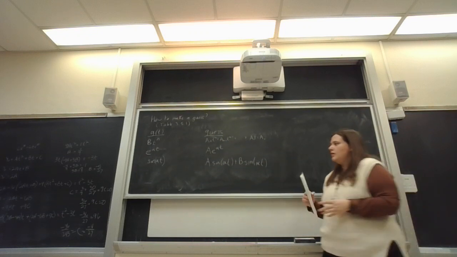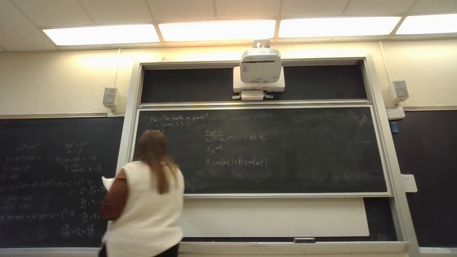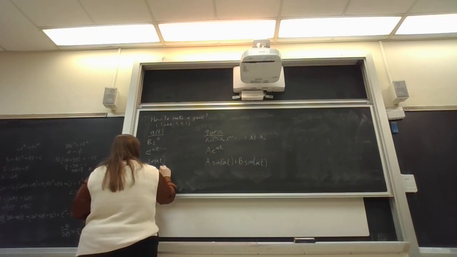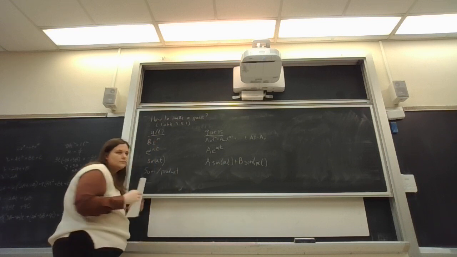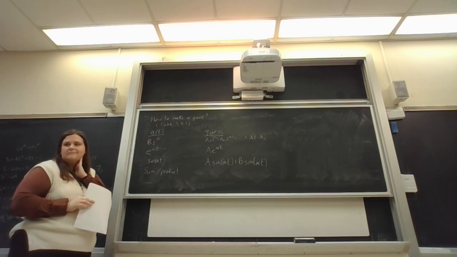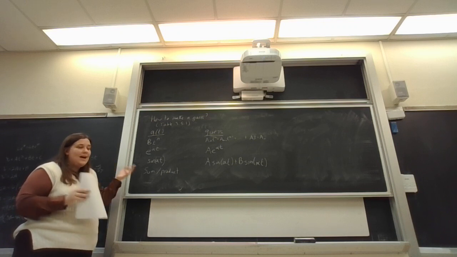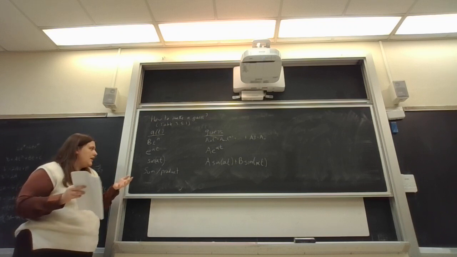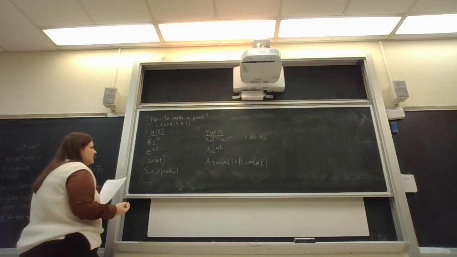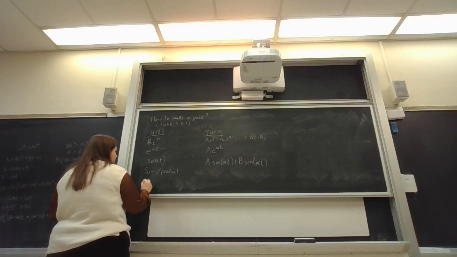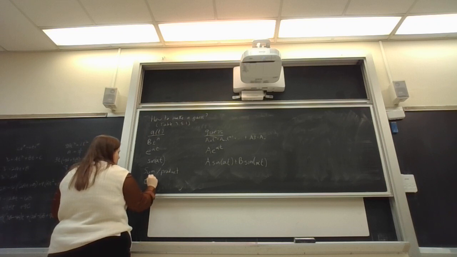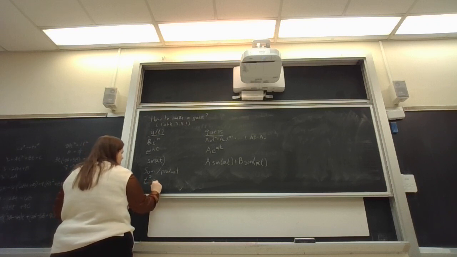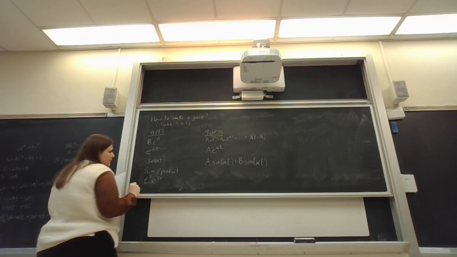What about if we have a sum or a product of any of these? Yeah, just add or multiply your guesses together, right? So let's say we had t squared e to the 3t.